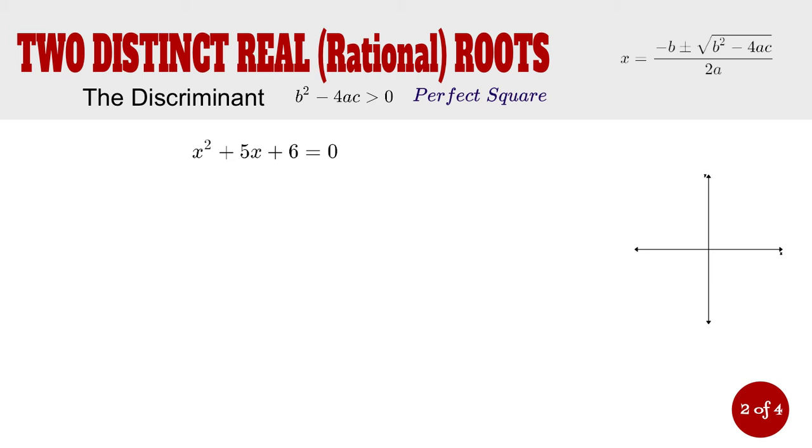In the second example, you'll notice that b squared minus 4ac is now going to be greater than 0, and in this case, the value of the discriminant will be a perfect square.